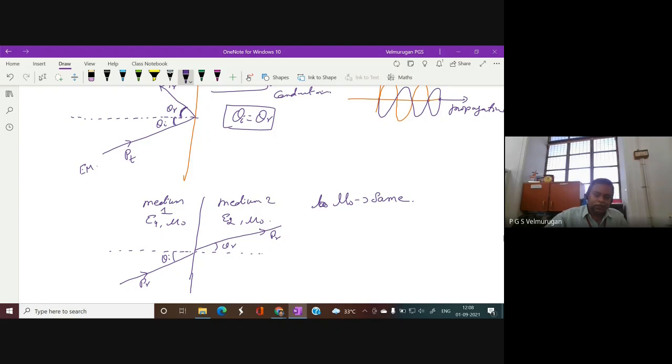Some of this incident wave is transmitted into the medium, which we call the refracted wave. So this angle, let it be denoted by theta t, is the angle of refraction.